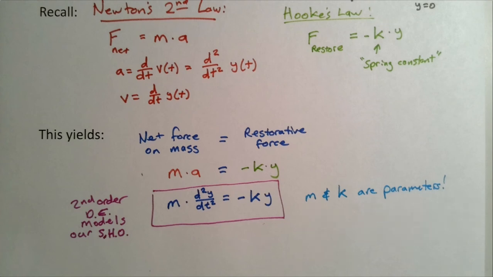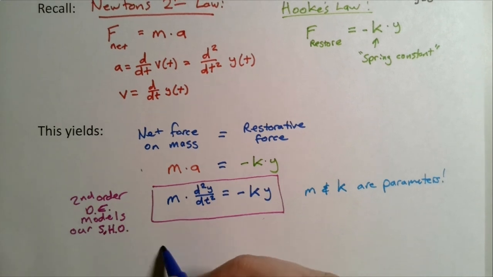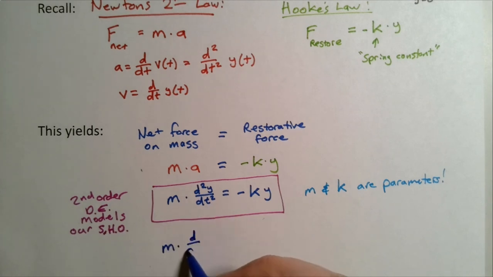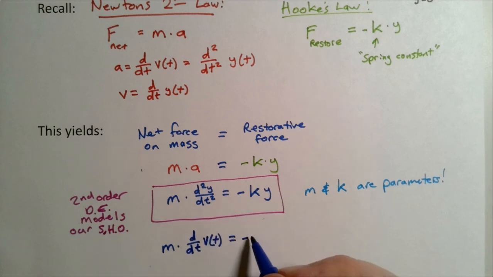But there's a way that we can rewrite this. So if you remember, we also know that the second derivative of position with respect to time is the same thing as the derivative with respect to time of the velocity. And on this side we have k times y.